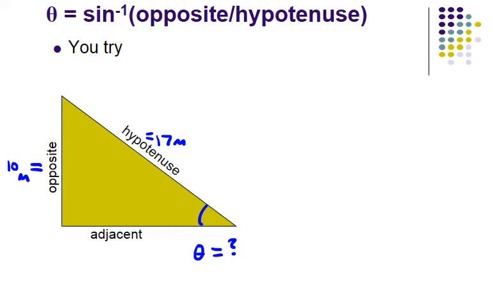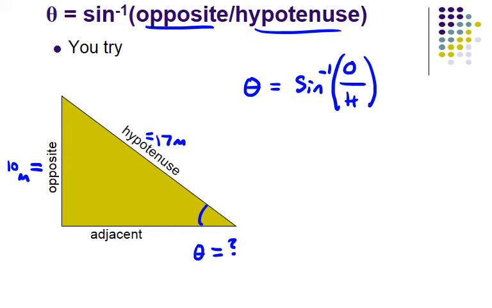So what we're going to do is the angle theta will be the inverse sine of the opposite over the hypotenuse. So in this case, the opposite is 10 meters, the hypotenuse is 17 meters.